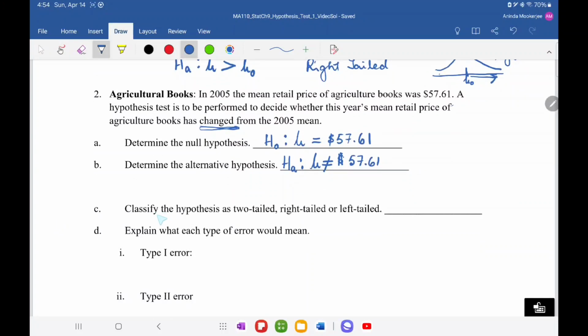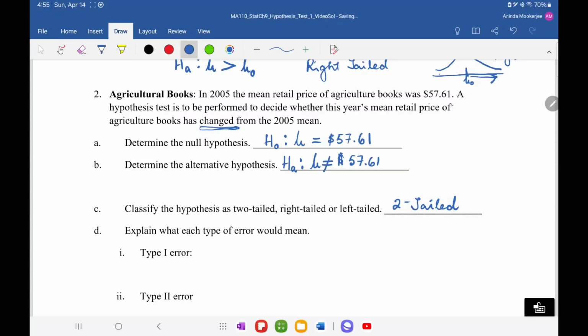Then it says classify this hypothesis test as two-tailed, right-tailed, or left-tailed. Now remember we said that whenever we have a not equal symbol in the alternate hypothesis, that means it is a two-tailed test. It's a two-tailed test because the population mean could go either way.